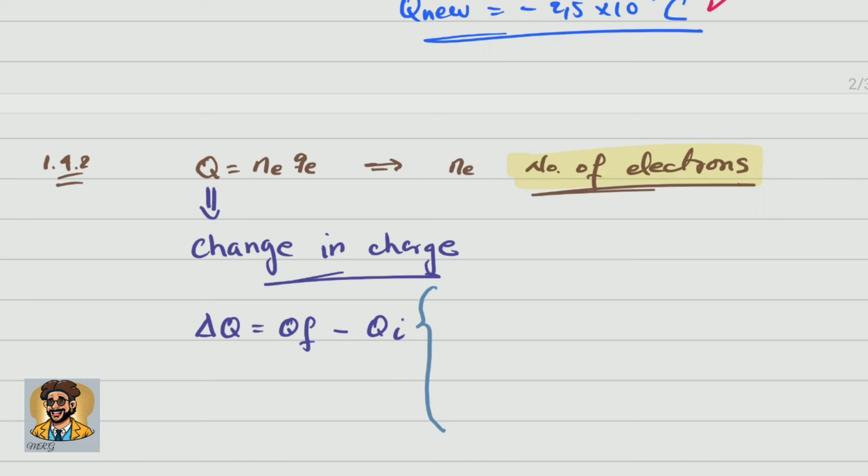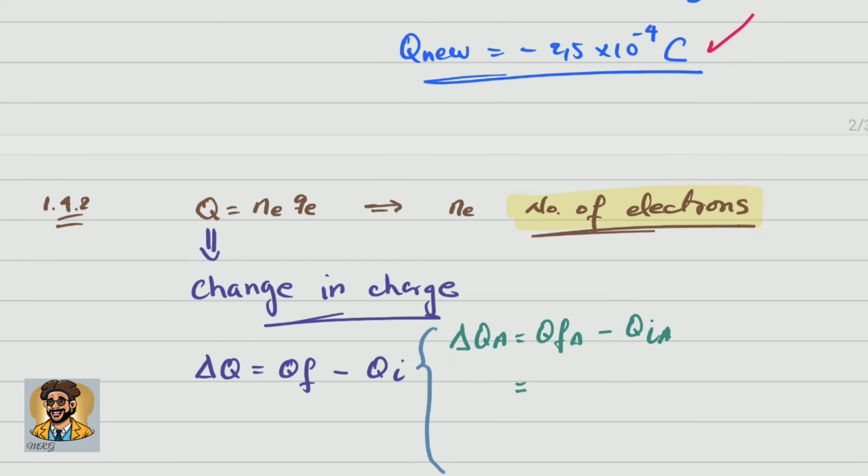Now to calculate the change in charge, we can either do it for charge A or we can do it for charge B. Let's do it for both. So change in charge A is equal to final charge A minus initial charge A. Alright, so what was the final charge? For both of them it was negative 2,5 times 10 to the minus 4.